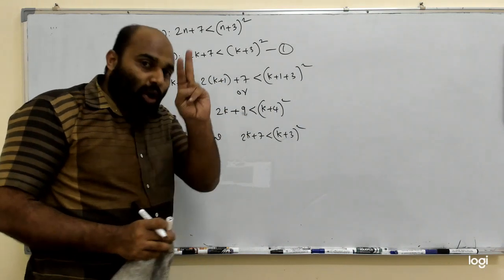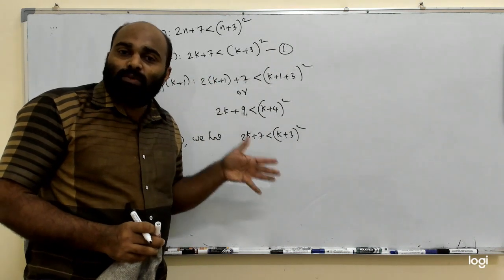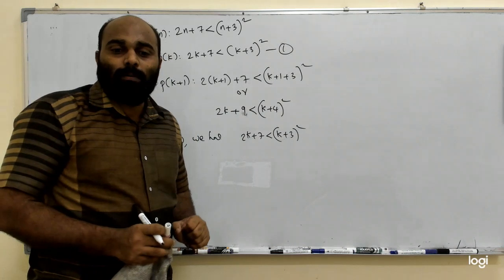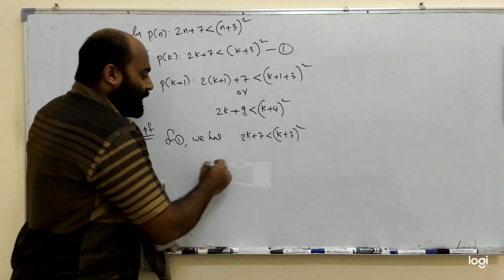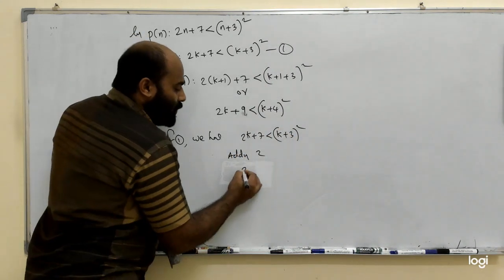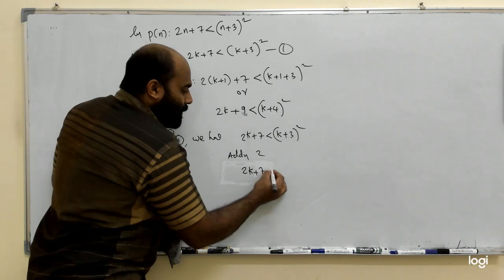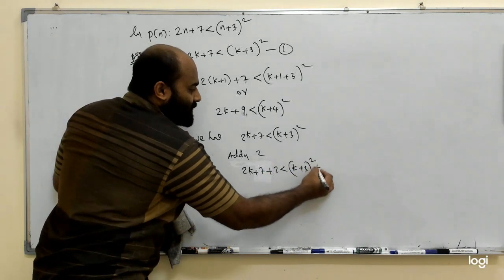So add 2 to both sides. Because the previous question was multiplication, in this case we want to get 9. So 2 is needed. Adding 2 on both sides, what will you get? 2k plus 7 plus 2 less than (k plus 3) whole square plus 2.